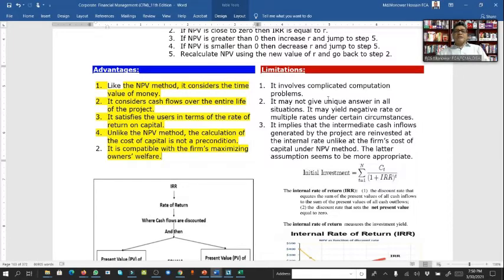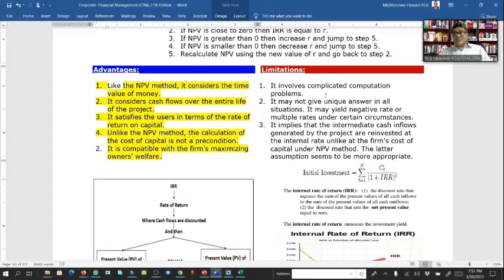And unlike the NPV method, the calculation of the cost of capital is not a precondition. It is an unknown rate. We have to find out the rate. It is comparable with the firm's or company's objective of maximizing the owners' welfare.